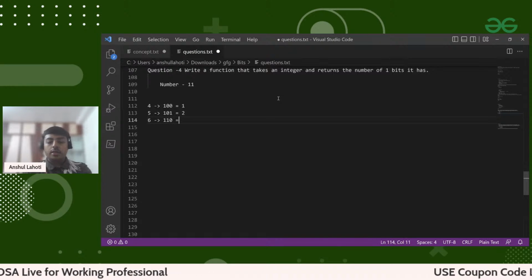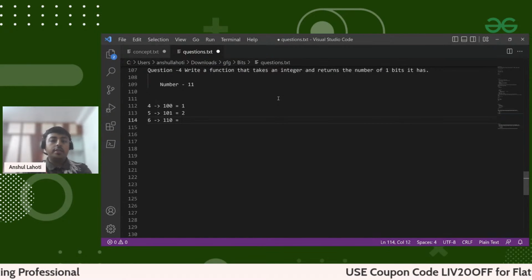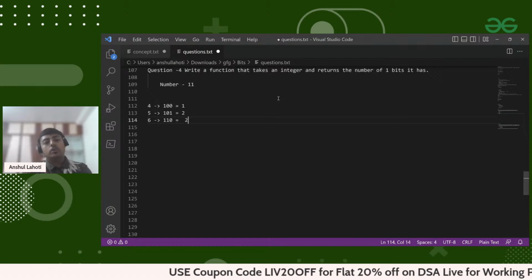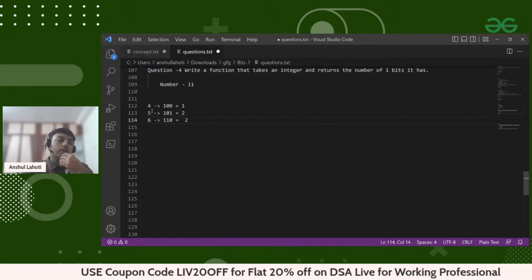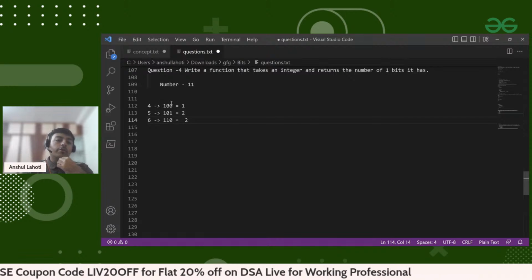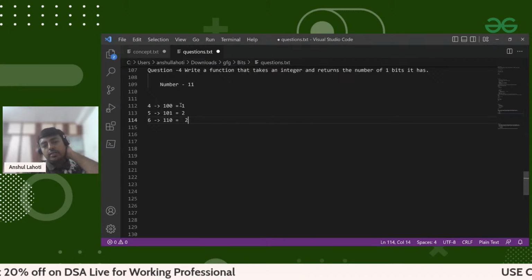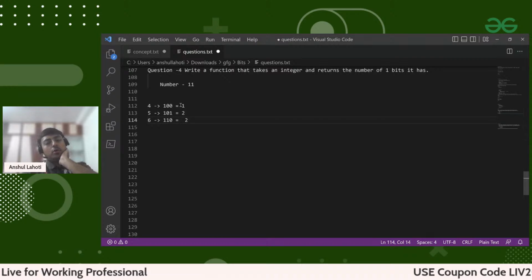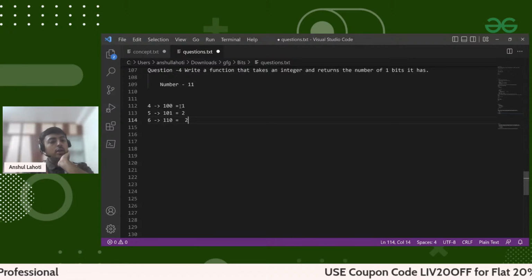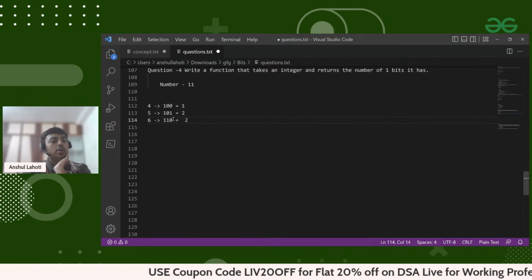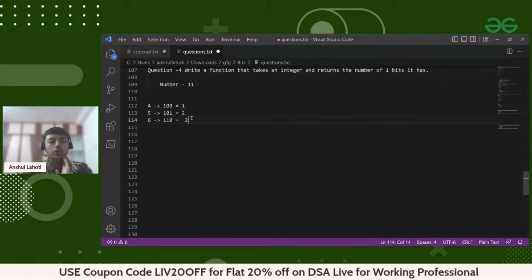Again, the number of one bits is 2. So you got the question, right? In number 4, the number of one bits is 1. The number of one bits in 5 is 2. And in 6, the number of one bits is again 2. So I think you got the question.